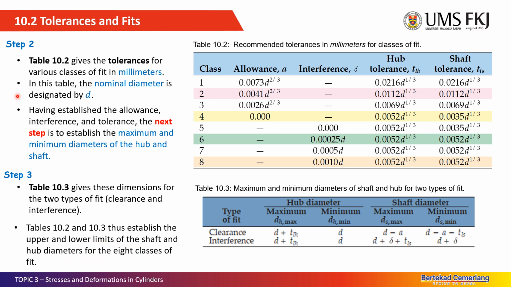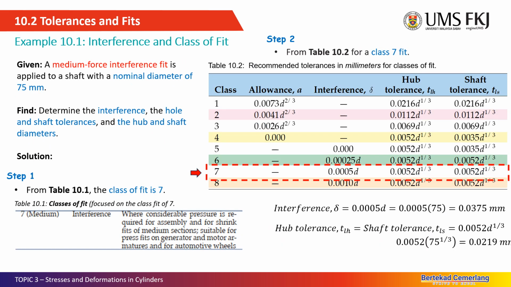Okay, to strengthen our understanding, let us start with example 10.1, interference and class of fit. The given question is: a medium force interference fit is applied to a shaft with a nominal diameter of 75 mm. So this is D. Determine the interference, the hole and shaft tolerance, and the hub and shaft diameter.